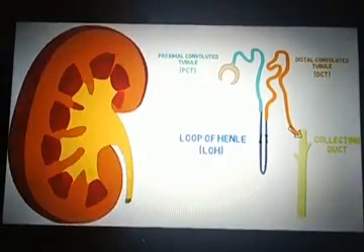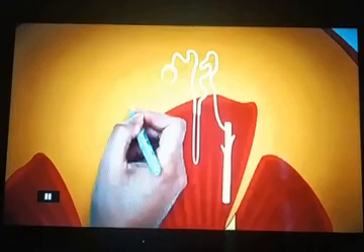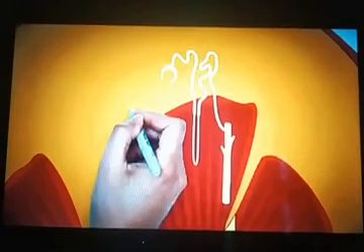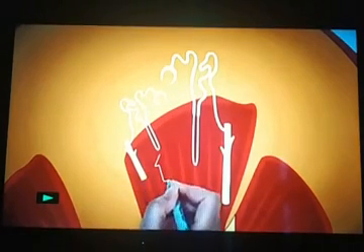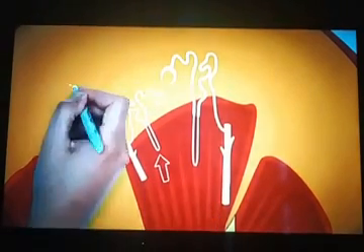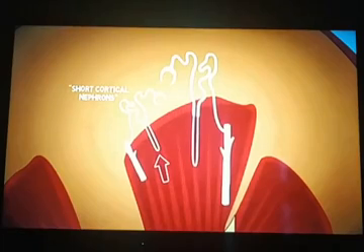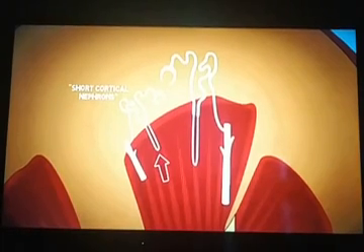Now here you can see inside the kidney, this is the 3D structure of the kidney, and how the nephron is placed inside it. You can see a part of the nephron inside the medulla and a part of it inside the cortex. Now there are two types of nephrons. One is the nephron in which the loop of Henle is very short and does not extend much into the medulla. This is called the short cortical nephron.